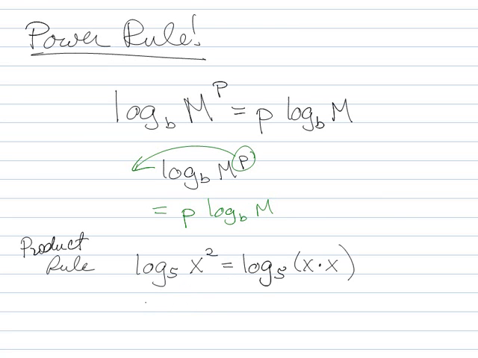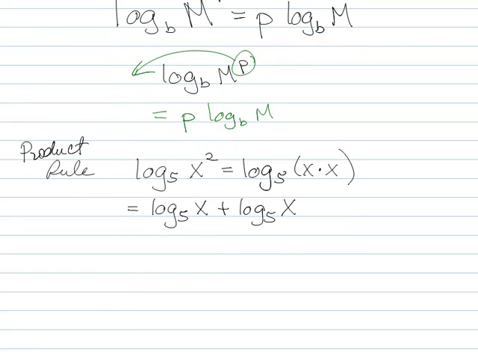My product rule says that whenever I multiply two things together, I can actually add them like this. Now all of a sudden I've got a log base 5 of x and another log base 5 of x. So I have two log base 5 of x.